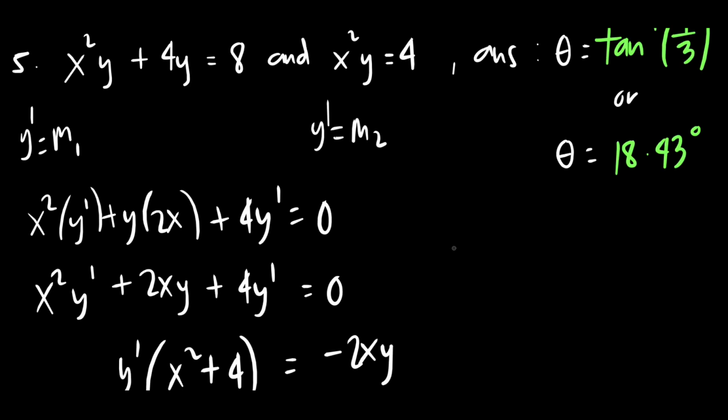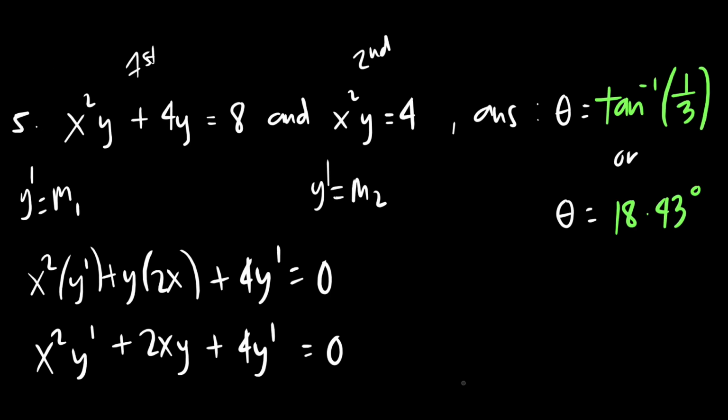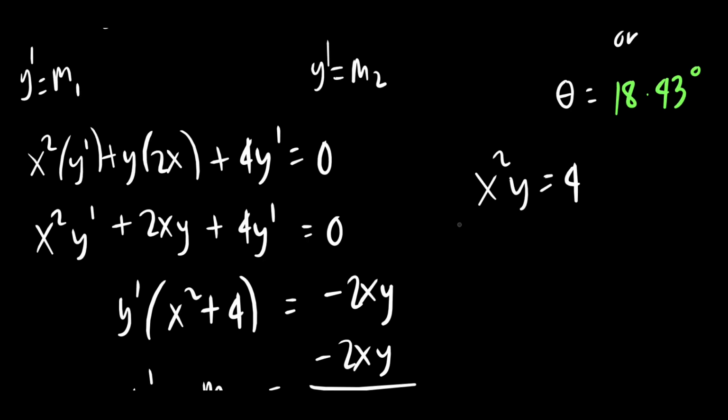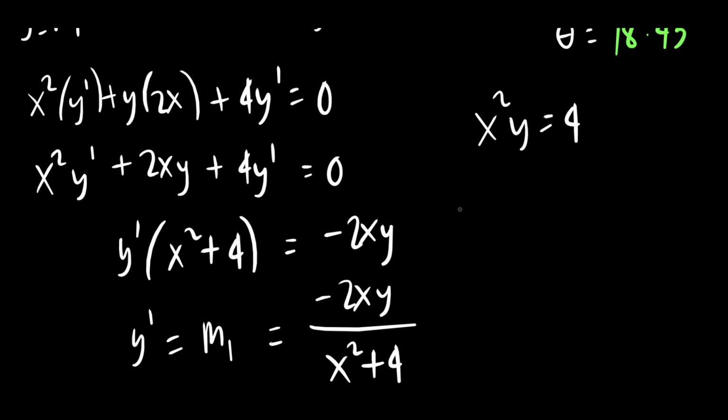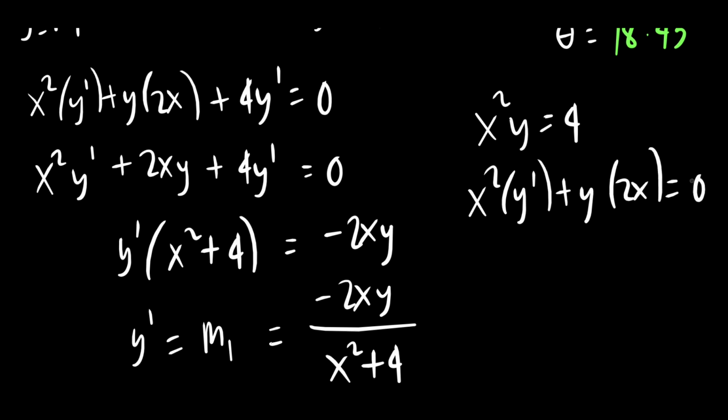So similarly for m2, what is the equation? x squared y is equal to 4. So we'll have x squared y prime plus y multiplied by 2x equals 0. So we'll have x squared y prime plus 2xy is equal to 0.